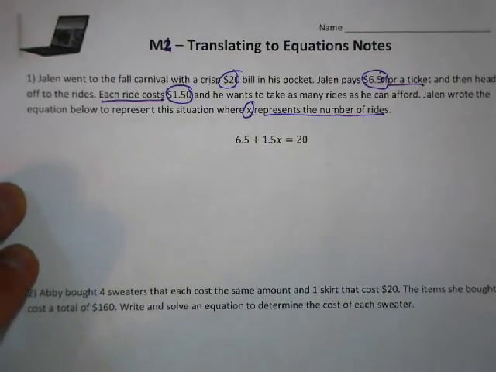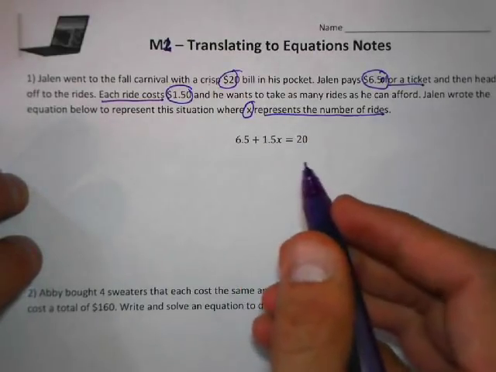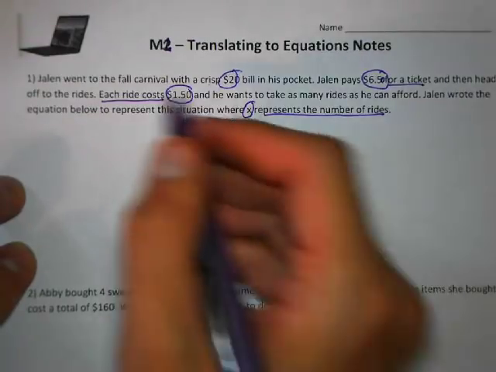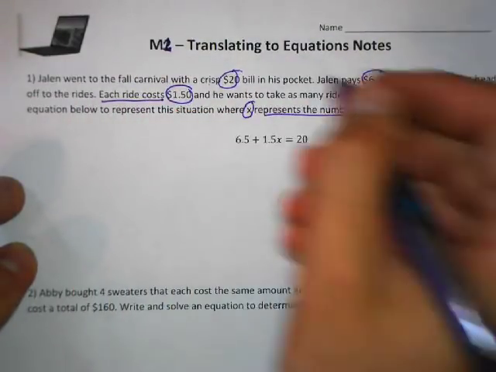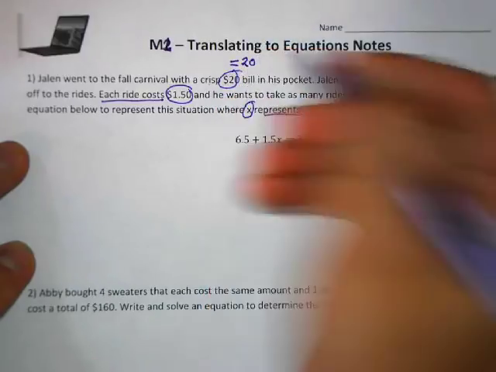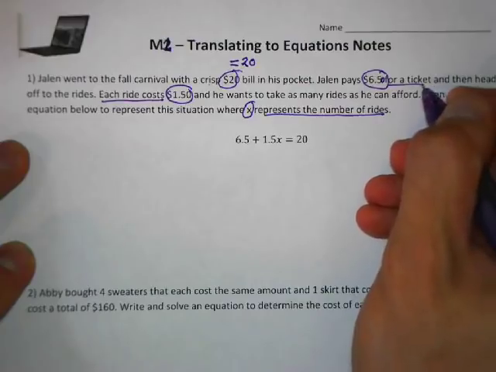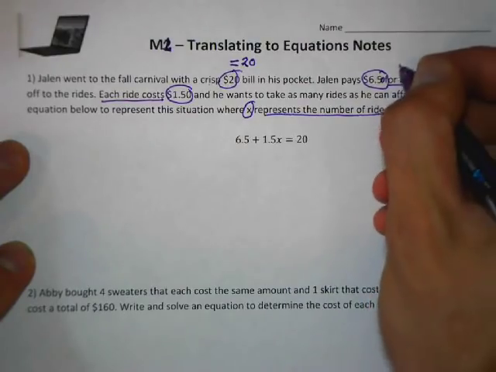Okay, I'm going to always read the problem twice because that's the way I make sure that I understand it. And as I'm reading, I'm going to go back and add some annotations to this markup. So, Jalen went to the fall carnival with a crisp $20 bill. I know that's all of the money he has, so I'm going to write equals $20. And he pays $6.50 for a ticket. He's only doing that one time.